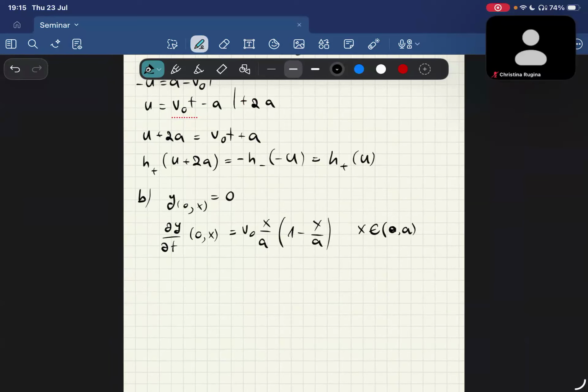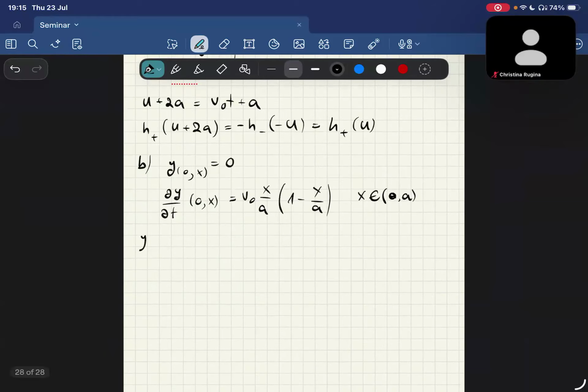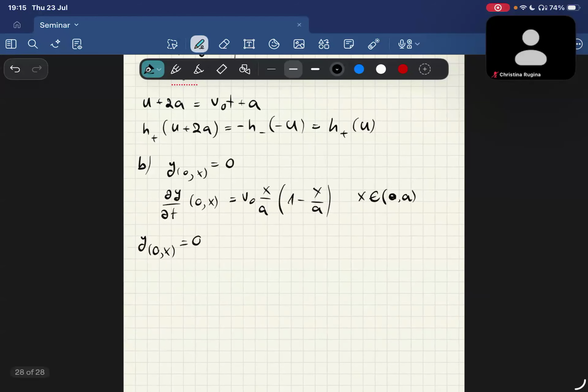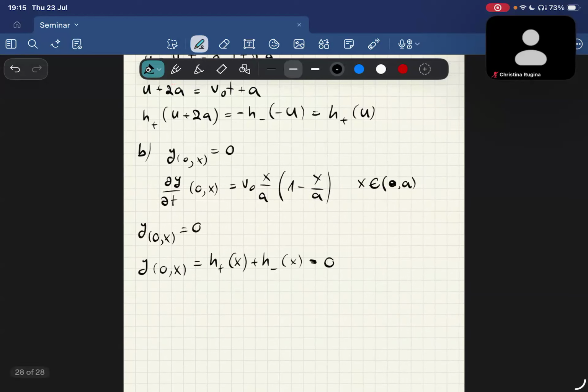So to do this, let's first write the first condition, that y of 0, x is equal to 0. That means that by replacing t with 0, we get y of 0, x is equal to h plus of x plus h minus of x, which will be equal to 0, of course.